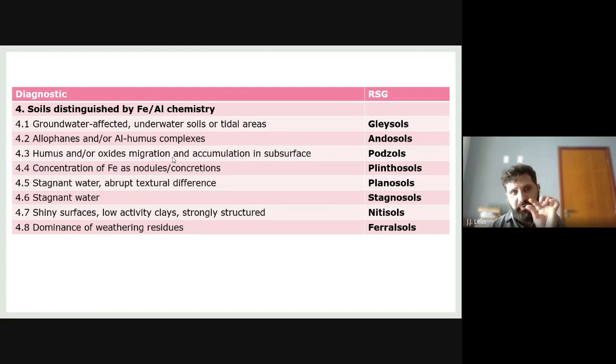In very few centimeters, we have a very high variation of clay content. For example, I can see a horizon with less than 10% of clay content, and under there, we can find a B horizon with more than 50% of clay content. So the increase of clay content is very high.